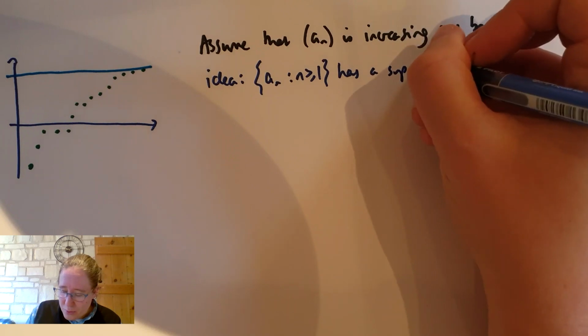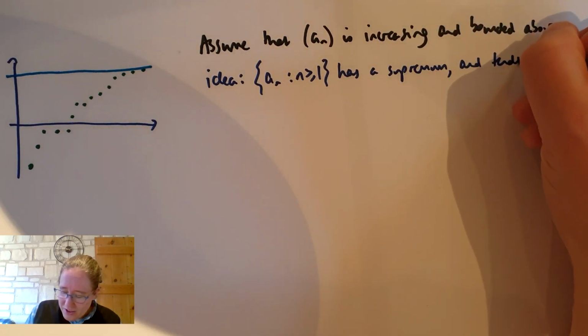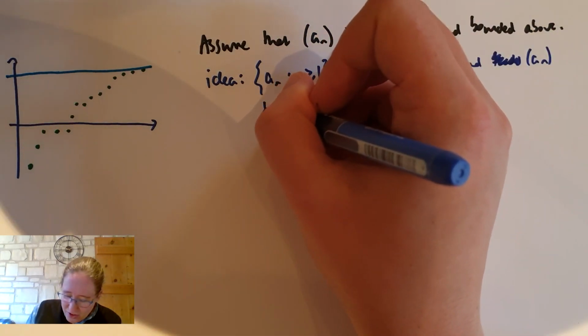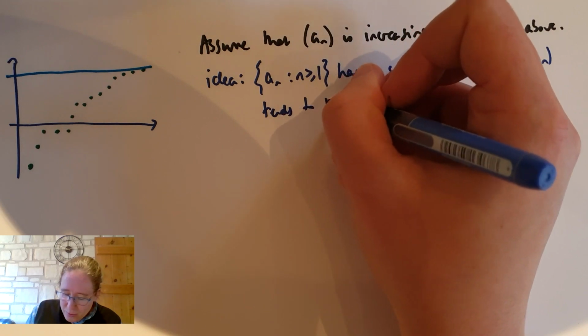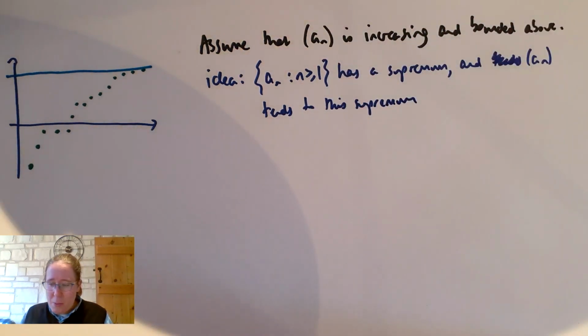This is just informal. We'll prove this carefully in a minute. And the sequence a_n tends to this supremum. So that's what we're going to try to prove. And I hope that the picture, your intuition, makes sense of that as a strategy.